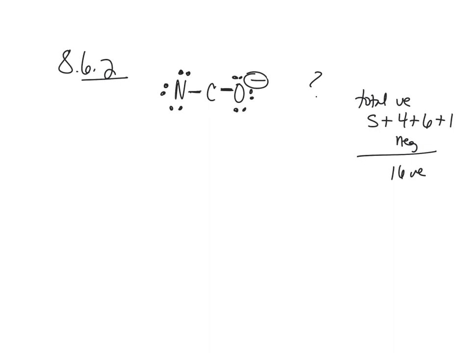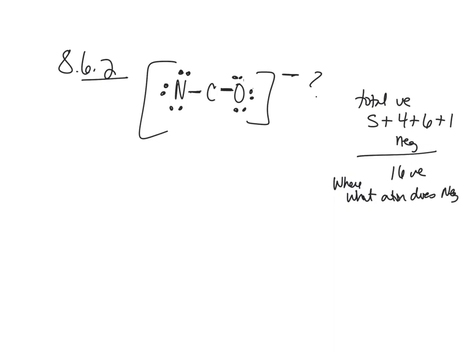Okay, and let's take this negative away, because right now all you know is this thing has a negative charge, but we don't know which atom the negative charge resides on. And that's what the formal charges tell you. Here, nitrogen's okay with the octet rule, oxygen's okay, carbon is not.